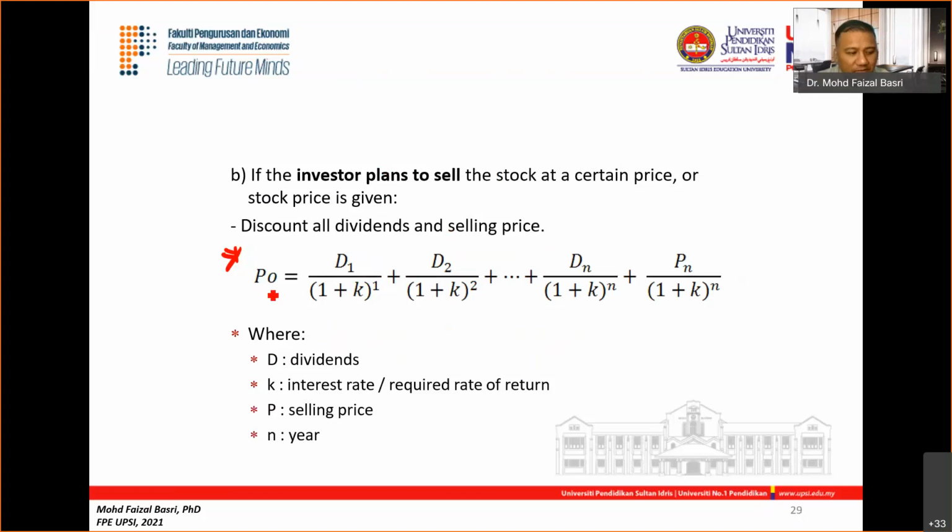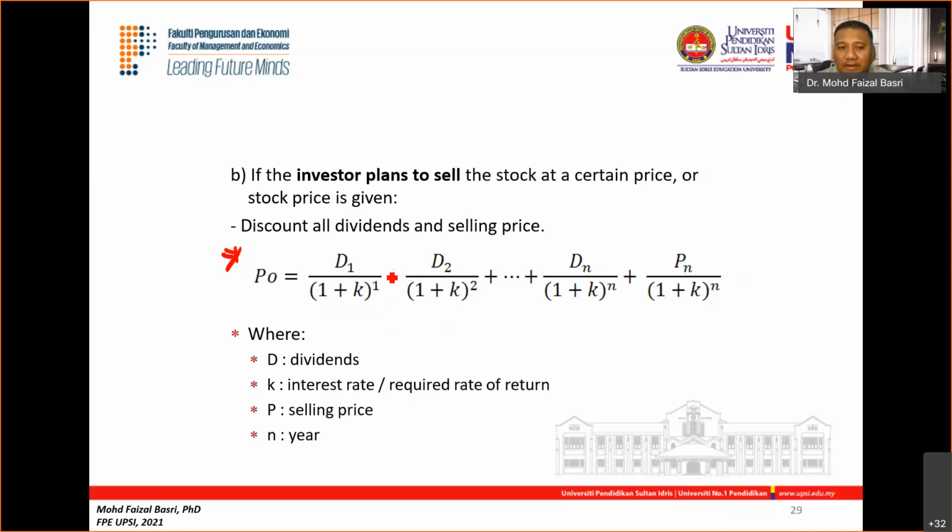Okay, so let's dissect the formula. It's still P0. The formula will start with D1, not D0. We start with D1, the dividend for next year, and we divide it by 1 plus K to the power of 1. So D1 divided by 1 plus K to the power of 1. What is D? D is dividend, D1 is the dividend for year 1, and K is the required rate of return. So 1 plus K, if it's 10%, is 1 plus 10%, 1.1.